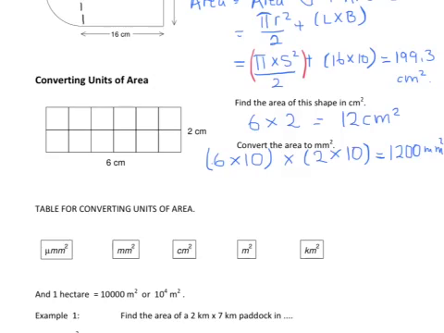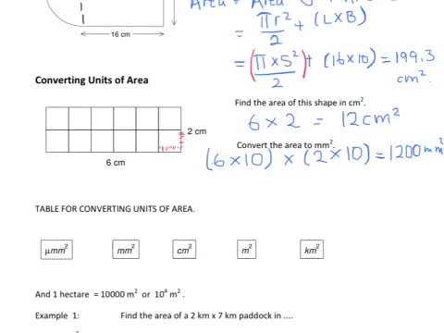Now if you think about it, if we make 10 little notches along there representing 1 millimetre, and 10 along that side representing another 10 millimetres, what we have inside that one small square is 100 square millimetres.